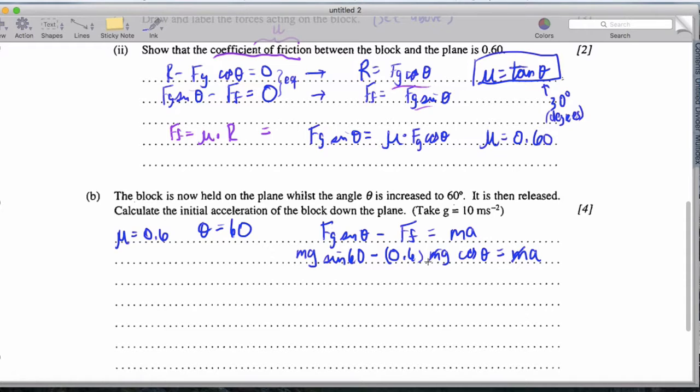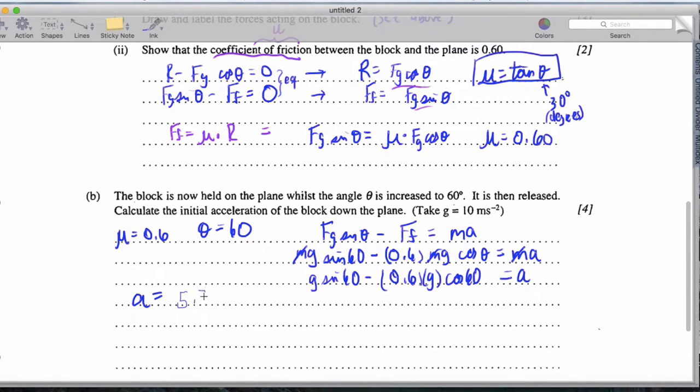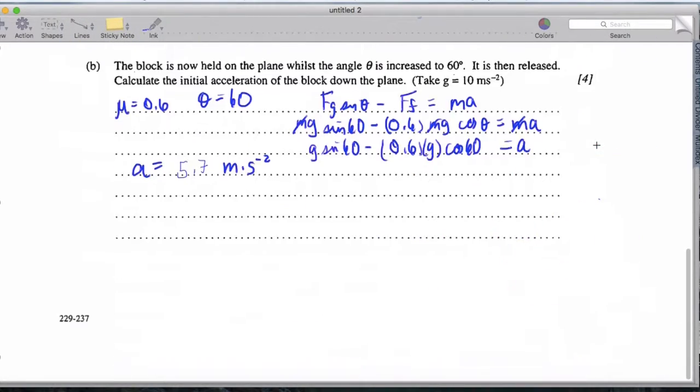I cancel the m's everywhere. So I'm going to end up getting g sine of 60 minus 0.6 times g cosine of 60 equals a. So when I isolate a, I will end up getting 5.7 meters per second squared. So that is it for the inclined plane problem.